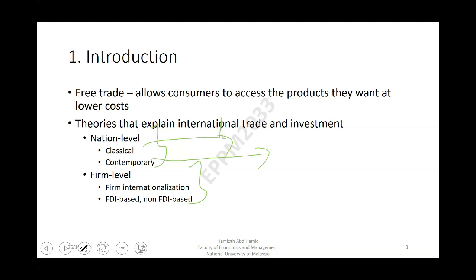We will also discuss firm level theories. Firm level theories will discuss more about firm internationalization. There are theories based on FDI, and also non-FDI. You still remember what is FDI? Foreign direct investment.